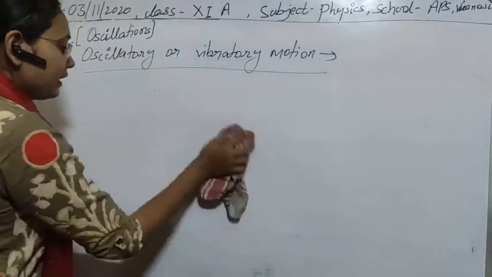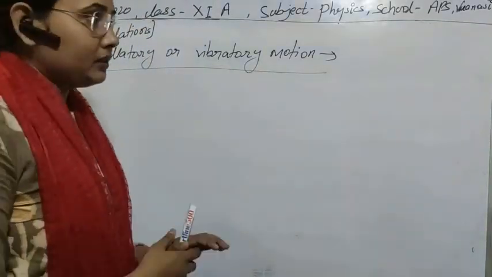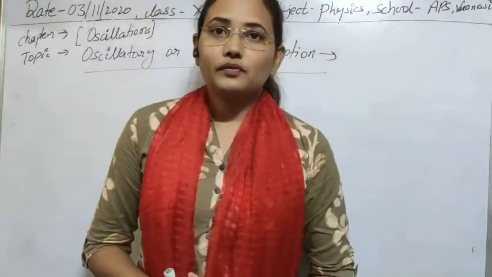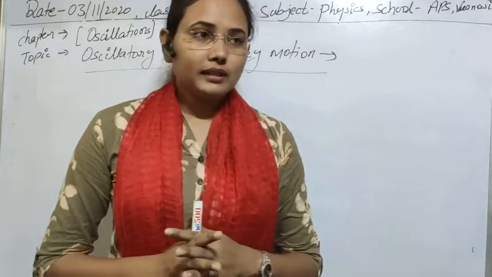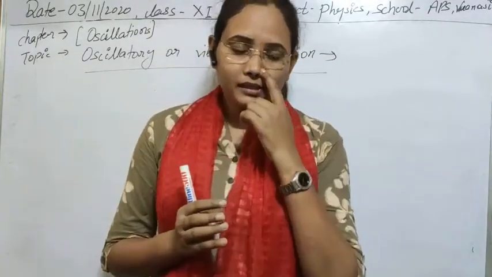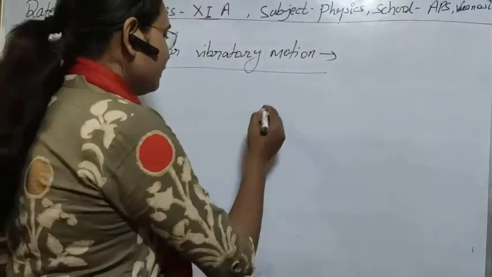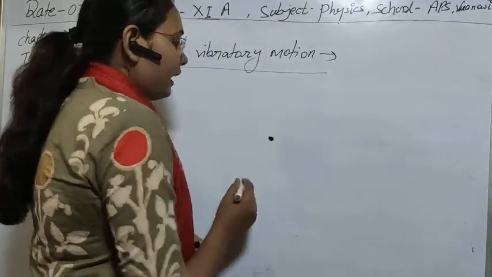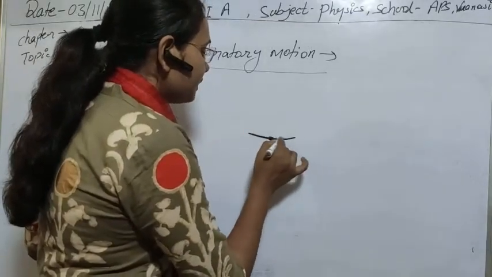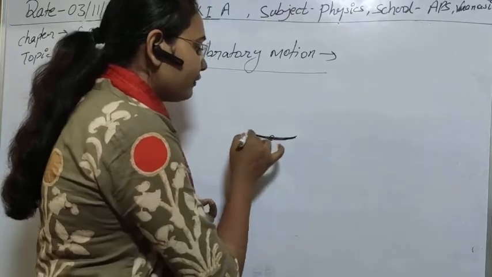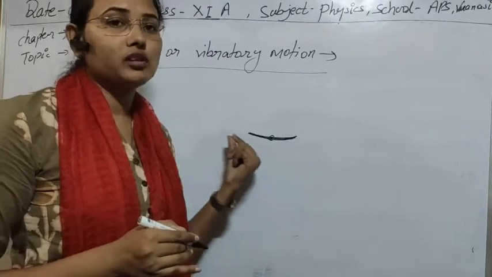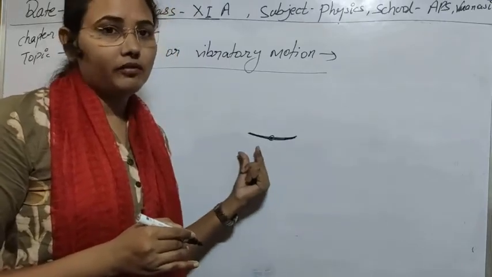Now let's start our chapter, which is about oscillations, or oscillatory or vibratory motion. So what is oscillation? If something is oscillating or vibrating, suppose there is a fixed point and a body starts to oscillate around this fixed point, performing to and fro motion about this point, then such types of motion are known as oscillatory motion or vibratory motion.